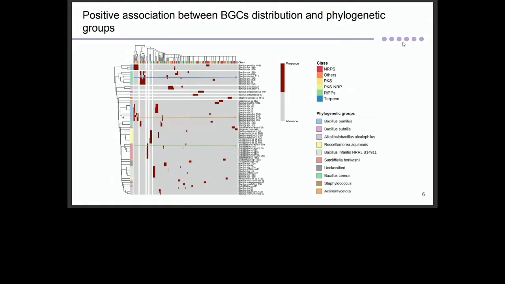And we have on the left all of the species, and on the right, the phylogenetic groups, colored by phylogenetic group. And on the top, we have the clusters that all of the classes made. So what we can see really clearly is that they are forming specific groups of these biosynthetic gene clusters.